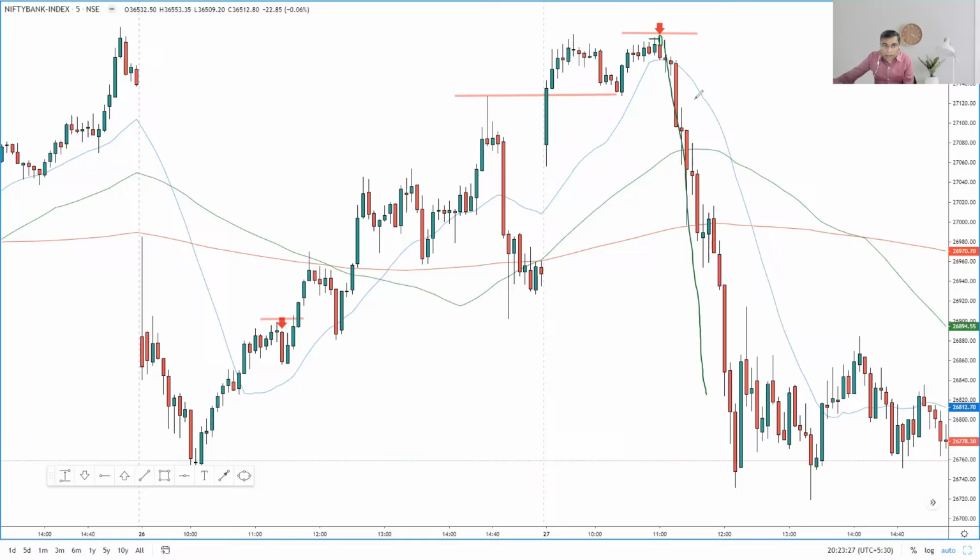Now this pattern has worked very well around this. I'm not sure what information or what event happened that day, but if you can see, this MTOP has formed nearby this resistance to the left. So probably that would be the impact that has caused prices to fall this sharply and so rapidly here.